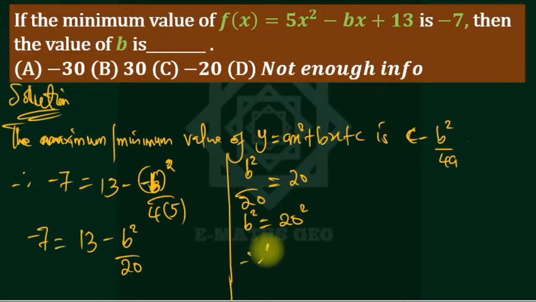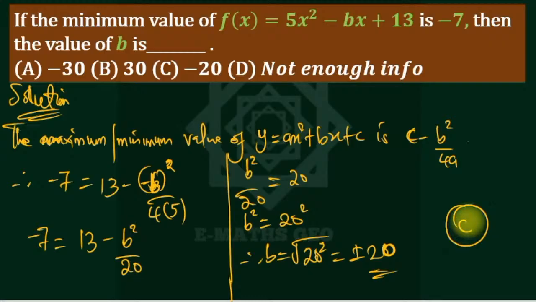Therefore b is the square root of 20 squared. So the answer is plus or minus 20. So the answer is option C. So that is it. Thank you.